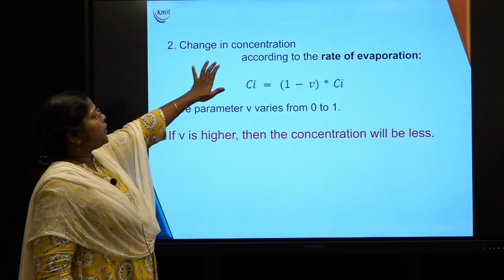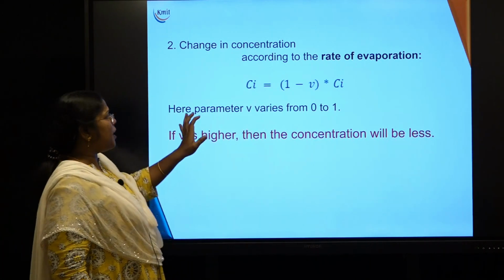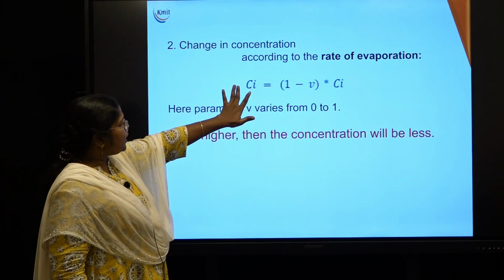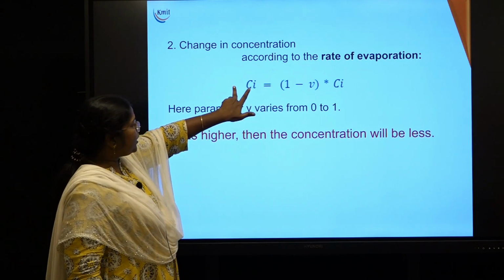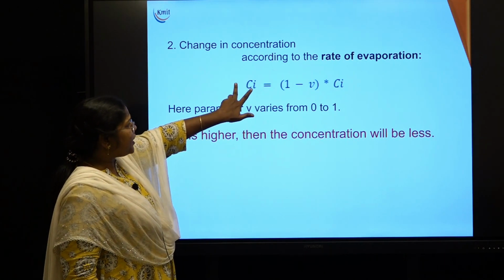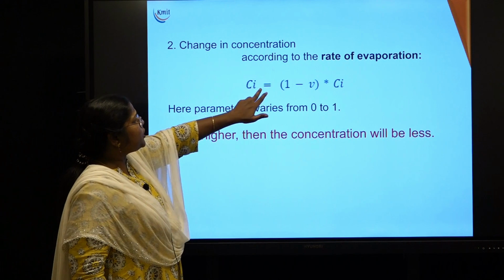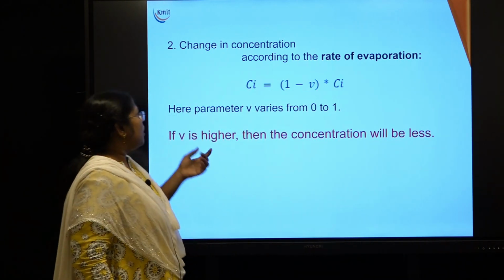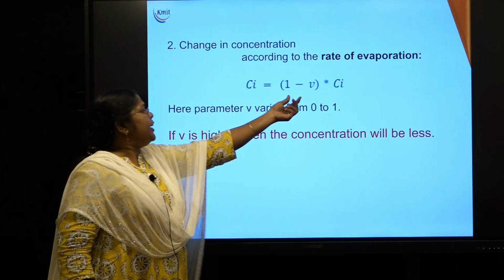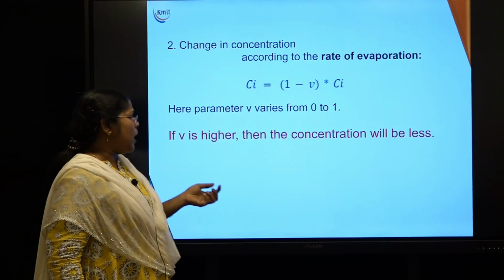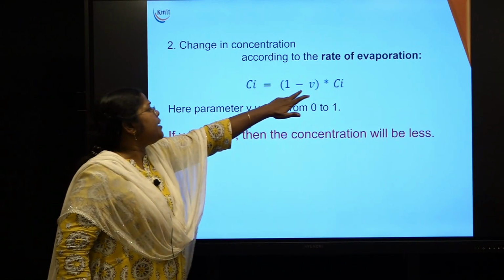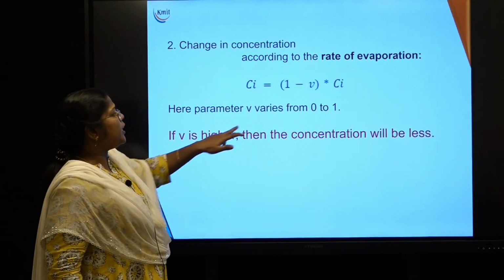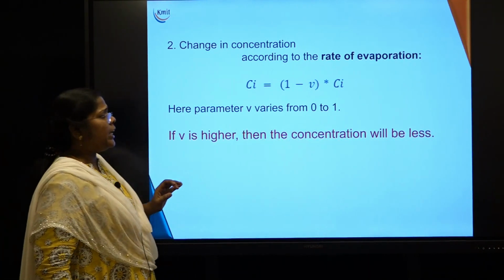Change in the concentration according to the evaporation time: Ci is the concentration at the ith path, which is equal to (1 - V) times Ci. Here the parameter V varies from 0 to 1. If V is higher, automatically the concentration will be lesser.